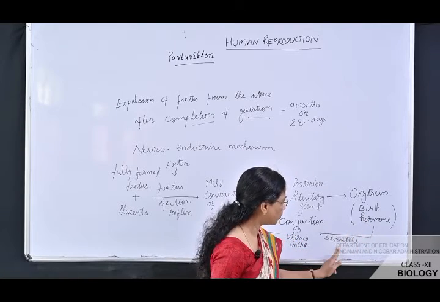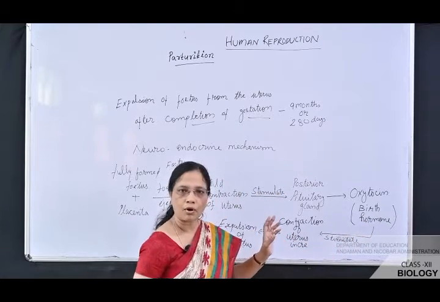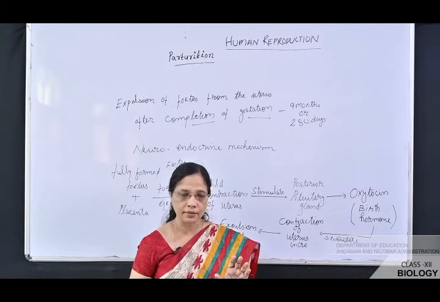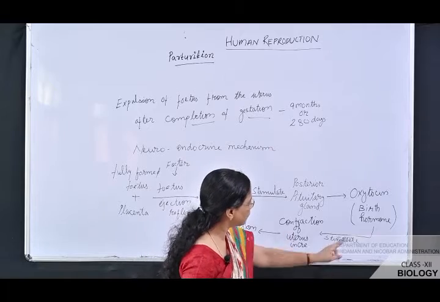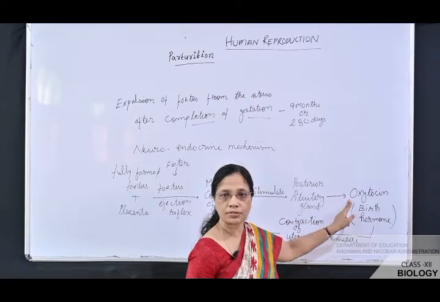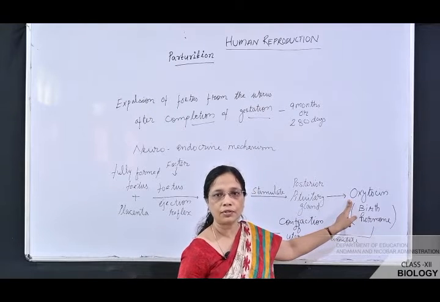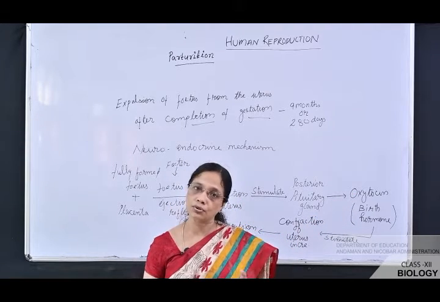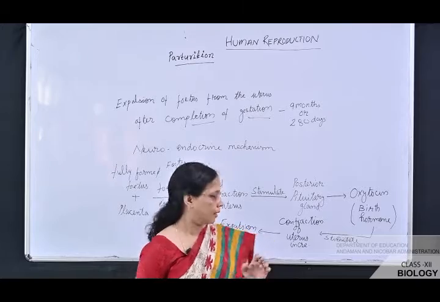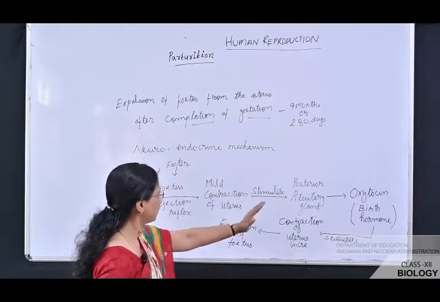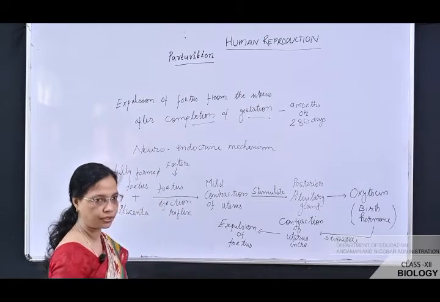This birth hormone stimulates the contraction of the uterus, so the contraction increases. This increase again stimulates the posterior pituitary to release more oxytocin, so the level of oxytocin increases in the blood. As the level increases, the intensity of the contraction also increases. Thus, the fetus is expelled out. This is the simplest way to understand the process of parturition.